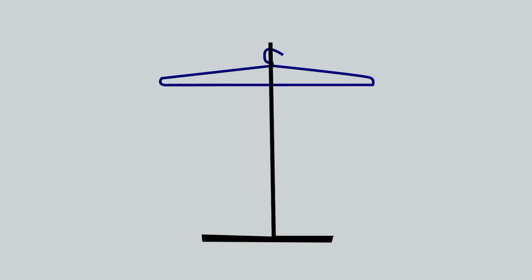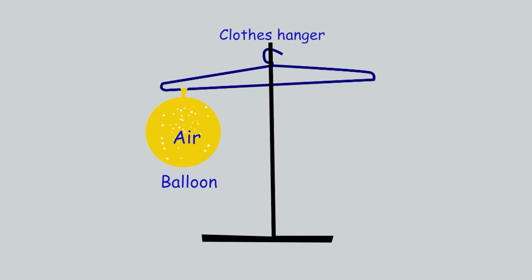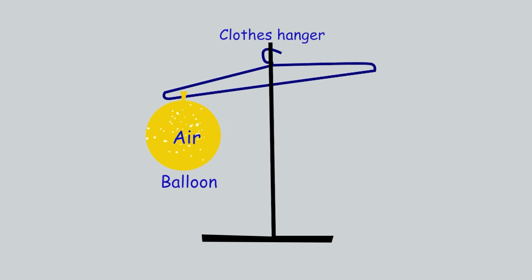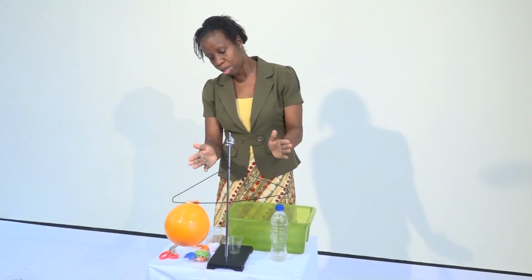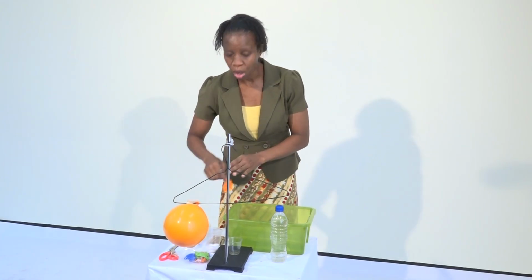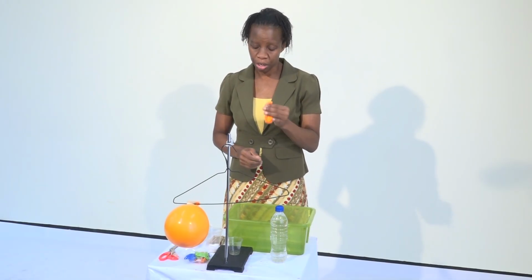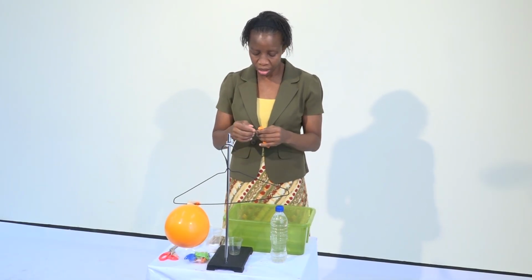So if we put this in the middle, you'll see that our balloon is slightly tilted to one side. Okay, now what would happen if I blow up another balloon and attach it to the other side?